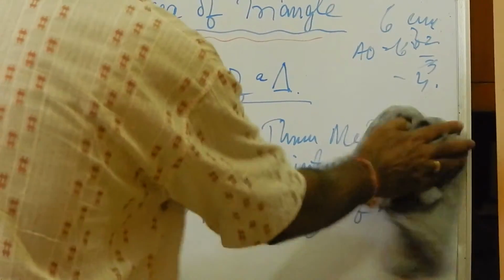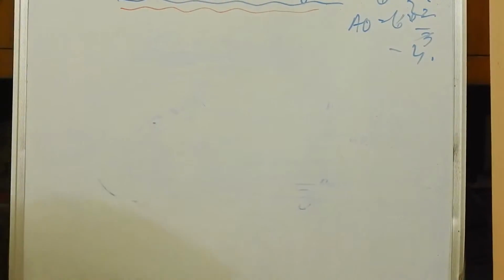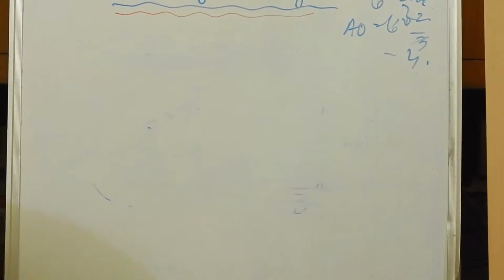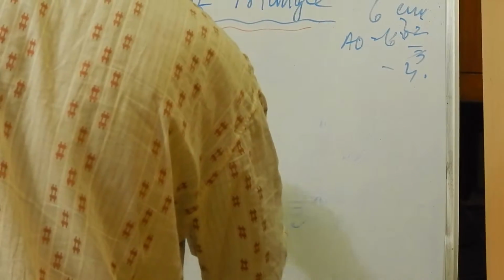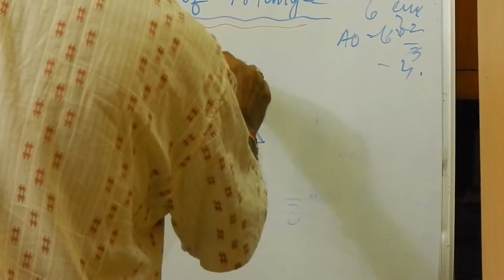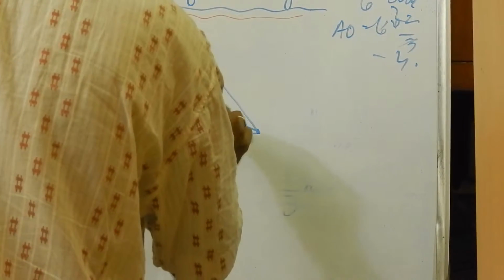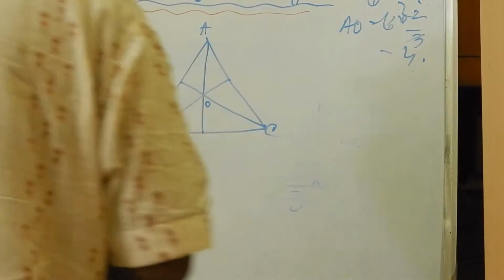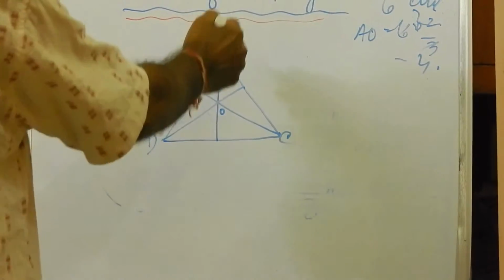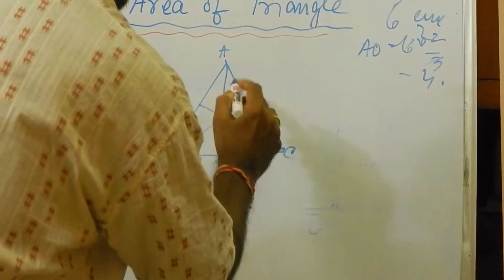Now we come to the particular sum. Here is a triangle, and the distance between the vertex and the centroid is 4√3 centimeter.